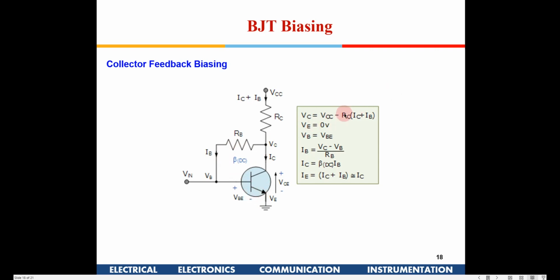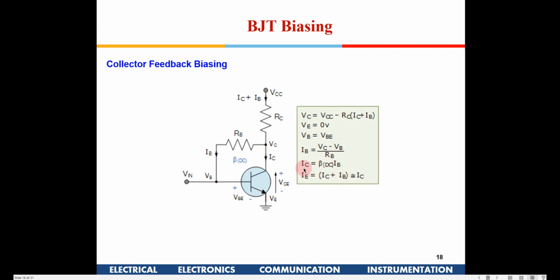So here the equations will change. VC is RC into (IC plus IB), because this is the current which is flowing here, and you have IB current flowing like this. So the voltage drop across this will be RC into (IC plus IB). VE is 0, VB is VBE, and IB is again (VC minus VB) by RB, and IC is beta times IB.